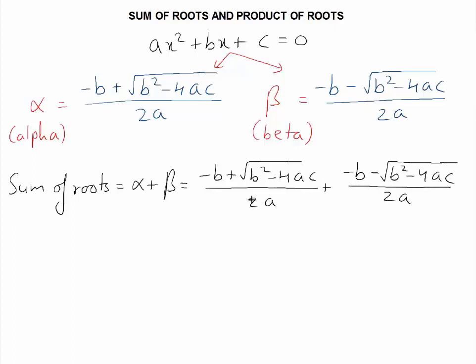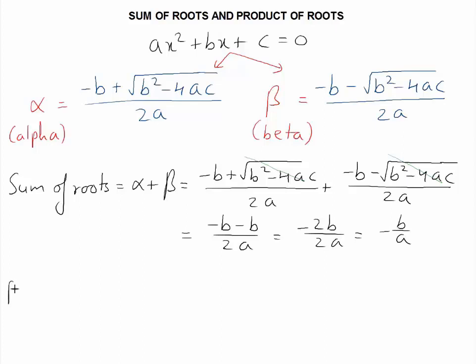Now if you take LCM, it will be 2a, and this whole expression will get cancelled. So finally we will get minus 2b by 2a, so that equals minus b by a.